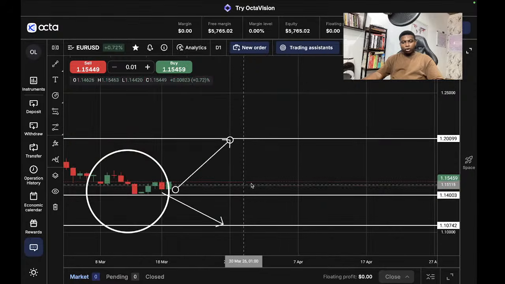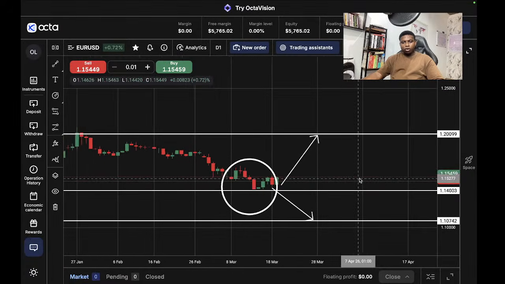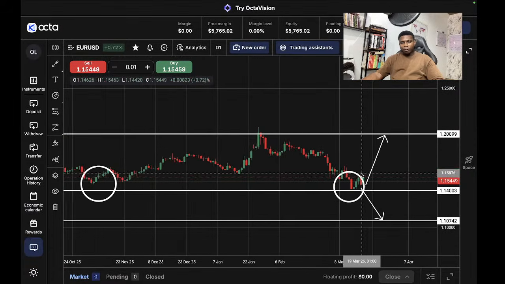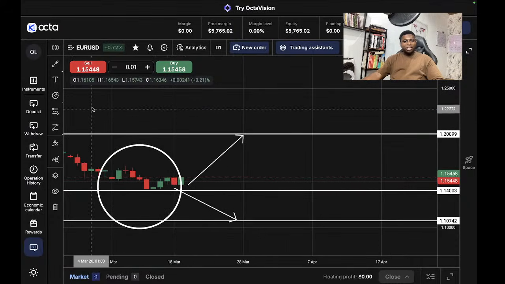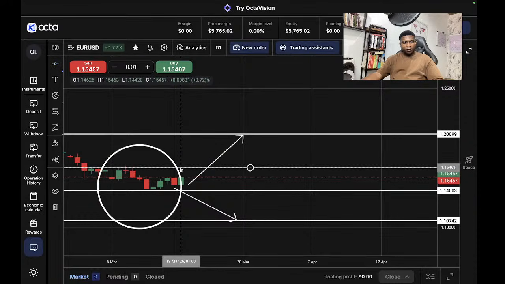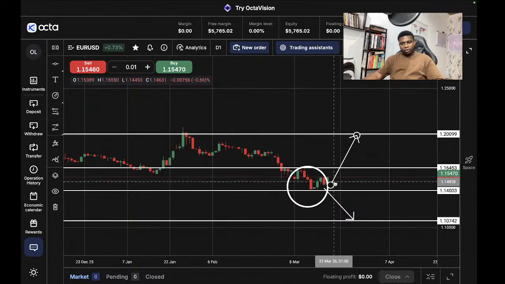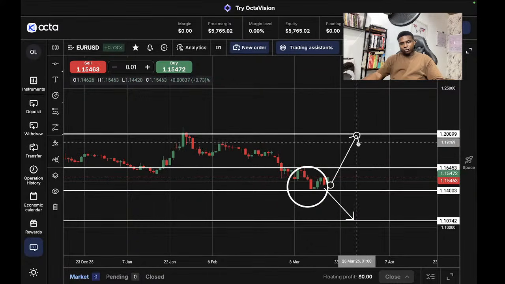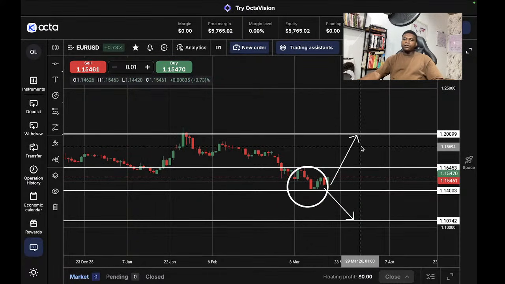Why would that push up happen, and what would confirm it? If price closes above these candles, then we would see a further increase in price.